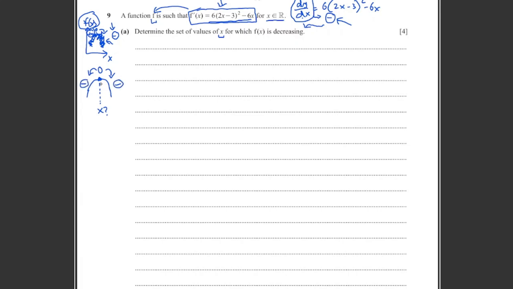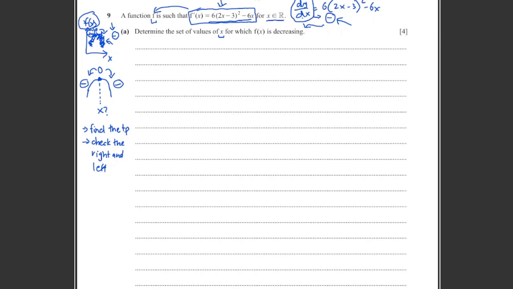We'll check which side has the negative gradient, and that's where the function is decreasing. That's where the y values are decreasing. So the plan is to find the turning point. Once you know the turning point, you check the right and left side of the turning point.